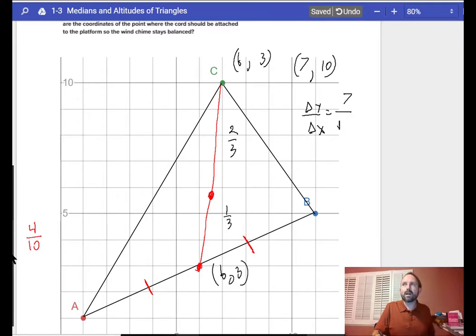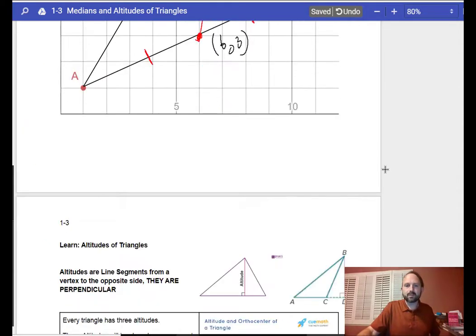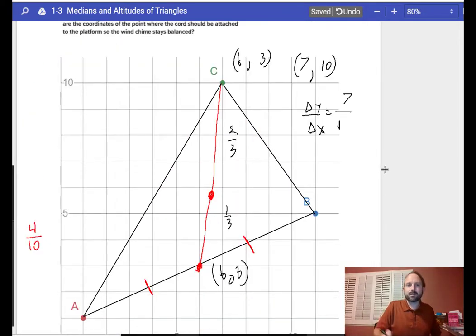So I know I could figure out, hey, instead of going up 7 over 1, I can go up a third of that and go over a third. So that's what I'm going to do. I'm going to times 1/3 to 7 and 1/3 to 1. If I times 1/3, I will get 7/3 as my delta y, and 1/3 will be my delta x to get here.